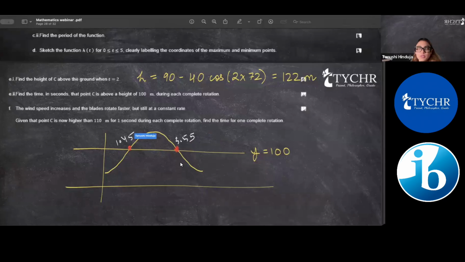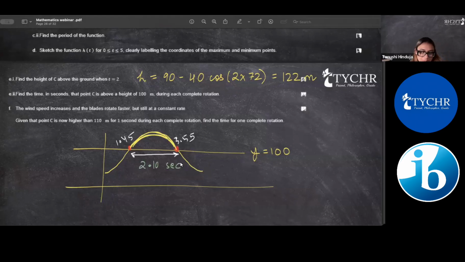So these will be the points of intersection on the graph. And then you'll just subtract these two to get the interval of time for which your graph is above the line y equals 100. We want it above that. So when you subtract, you'll get the answer as 2.1 seconds, 2.10, so that it's rounded to 3 significant figures.